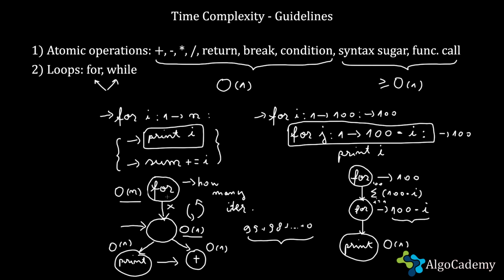There should be only 3 types of nodes. Then you are going to start from the bottom of the tree and compute the time complexity of the leaves and their parents and their parents and so on until you hit the root, which is your final time complexity, right? When you have the leaves, they are all of them of the first type, atomic operations, so you know their time complexities.